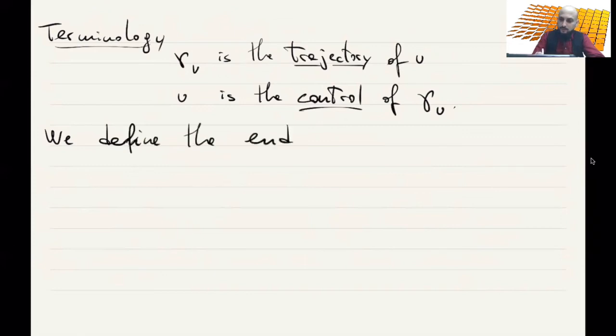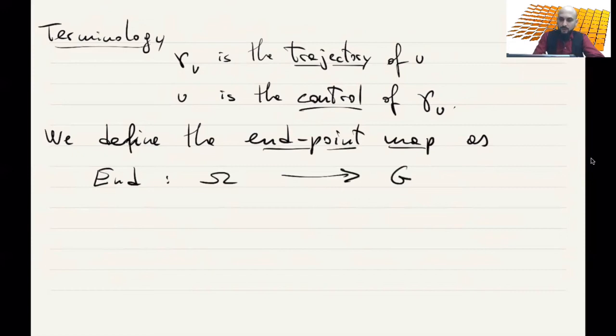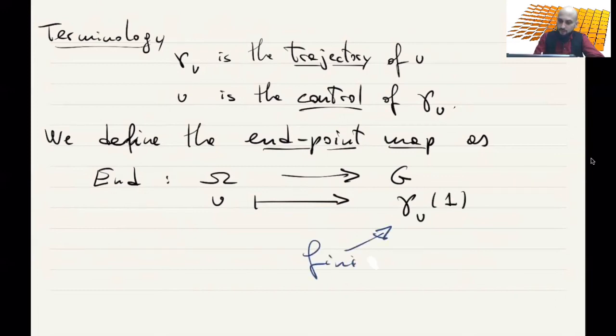The endpoint map, let's call it End, goes from the space of controls to the group, and for every control assigns the final point of the trajectory.